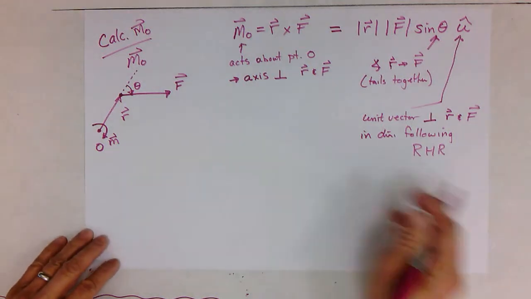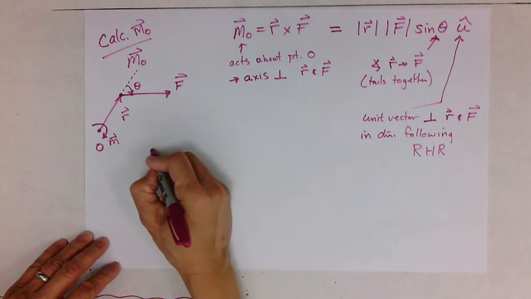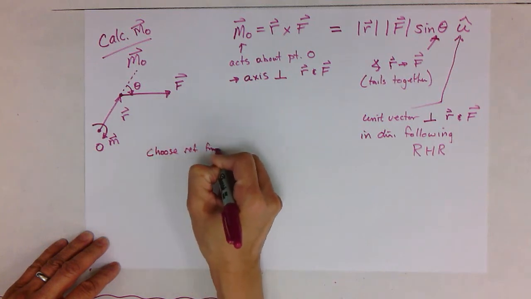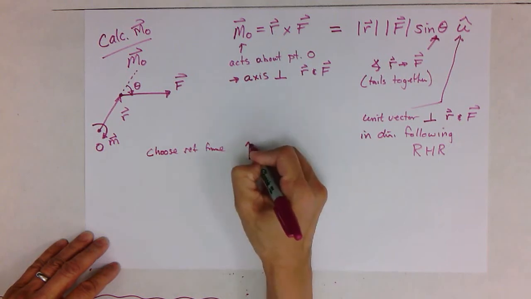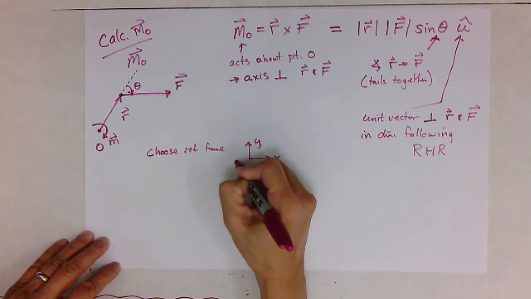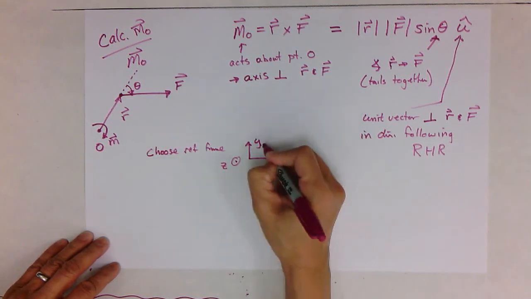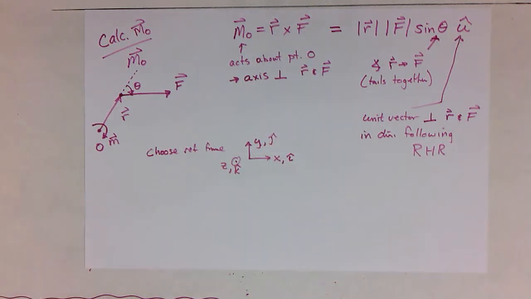Okay, so if we want to calculate this, one way to do this is start with a reference frame. I'm going to start with x, y, z coming out of the page, and then I'll have unit vectors i, j, and k in each of these directions.